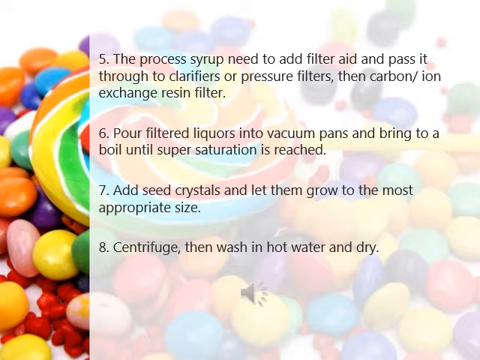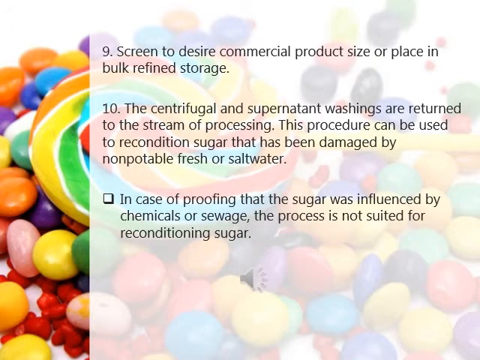Then centrifuge, wash in hot water and dry. Screen to desired commercial product size or place in bulk refined storage. Then the centrifugal and supernatant washings are returned to the stream of processing.